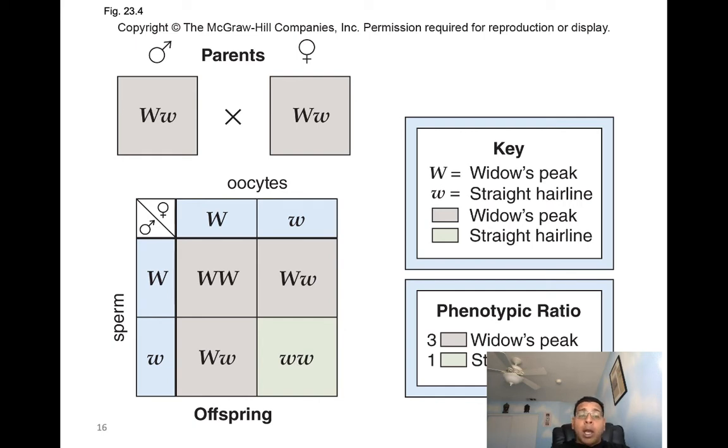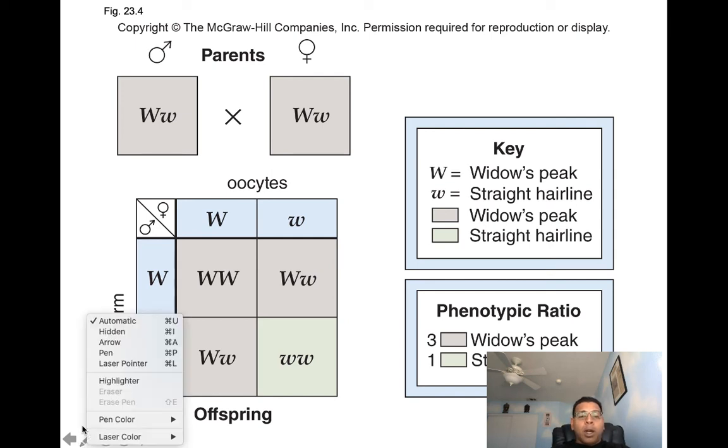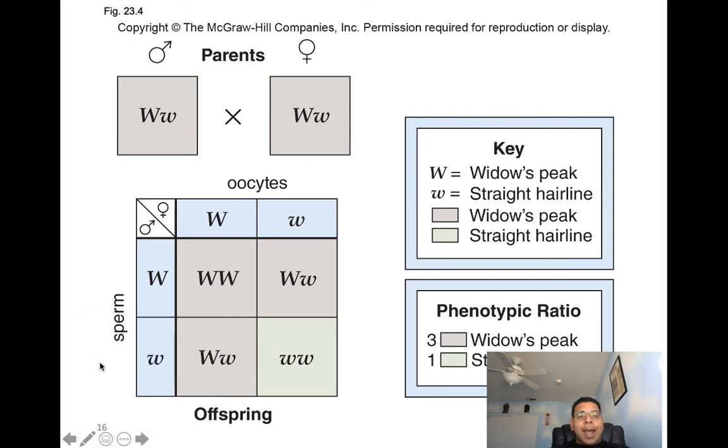ratios. Now here, the genotypic ratio, I'd like you to know, is going to be, you can see we have one offspring that has this homozygous dominant genotype.